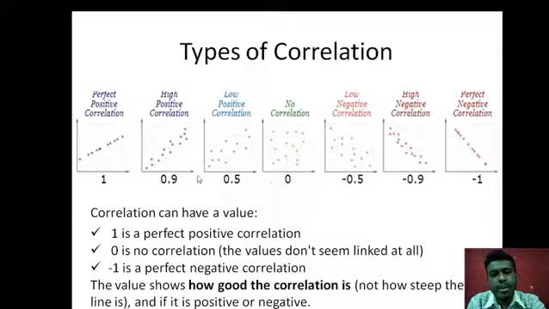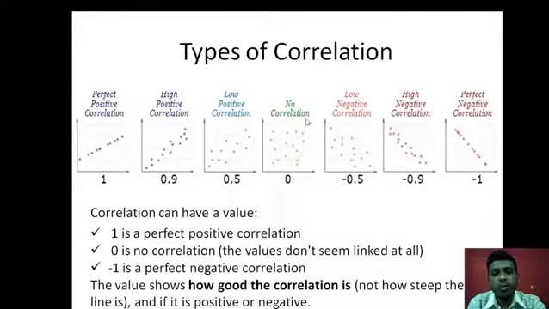Then slowly the number decreases. So all this is positive correlation. Any value between 0 and +1 is positive correlation. Any value between 0 and -1 is negative correlation. -1 is perfect negative correlation.